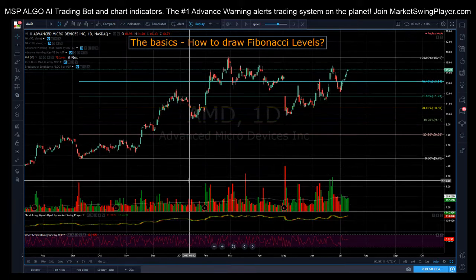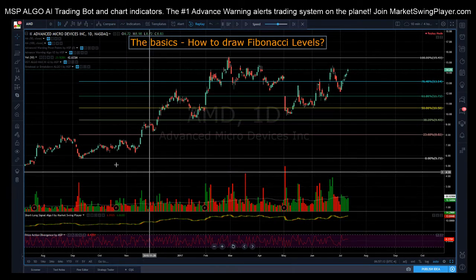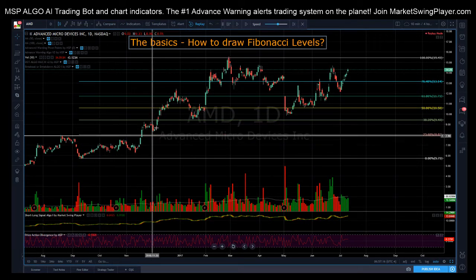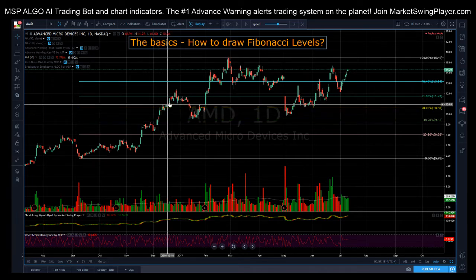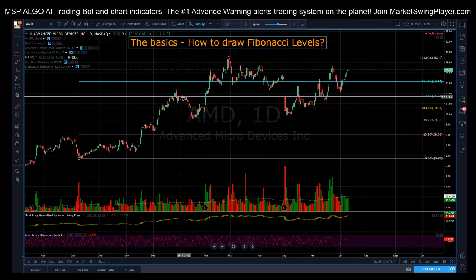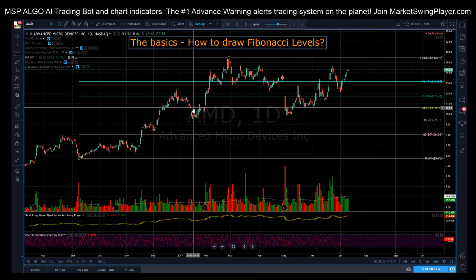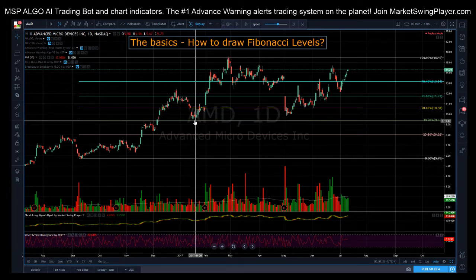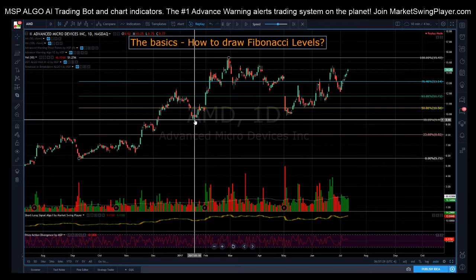You could always adjust it and see, you want to look and see if price is responding to these levels. So we could see that this is resistance, we could see that this is support, and we could see that this is support. So that's how you gauge your drawing of Fibonacci levels.